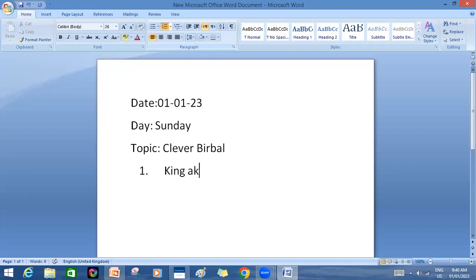King Akbar asked Birbal to make a line longer than his line.